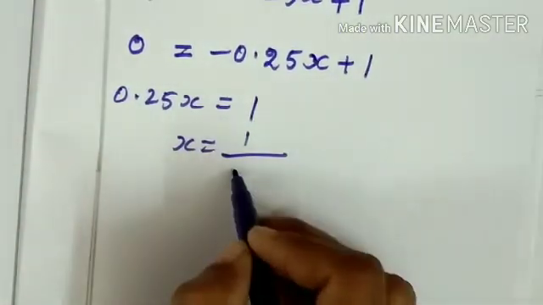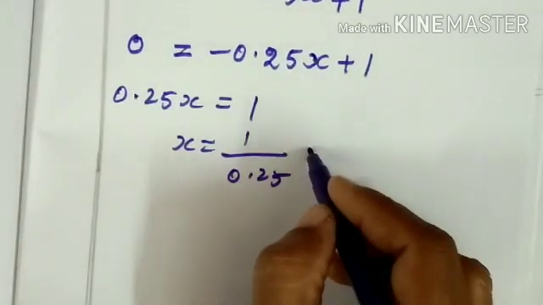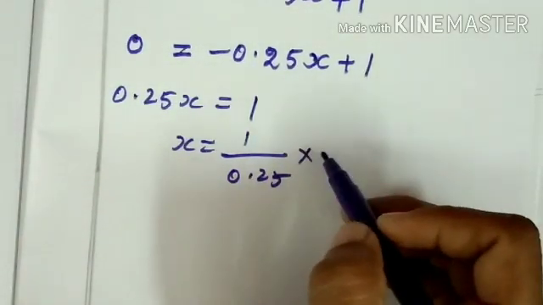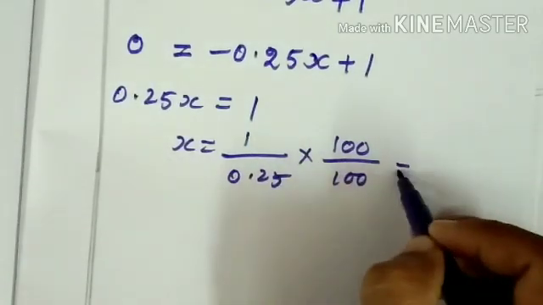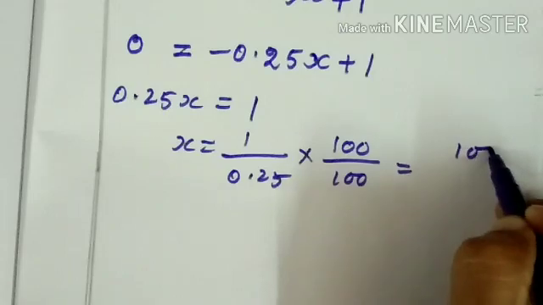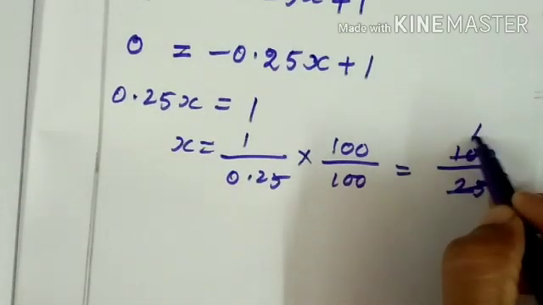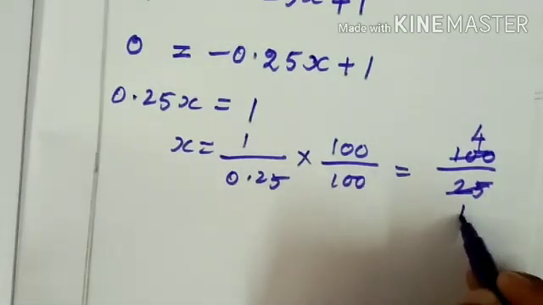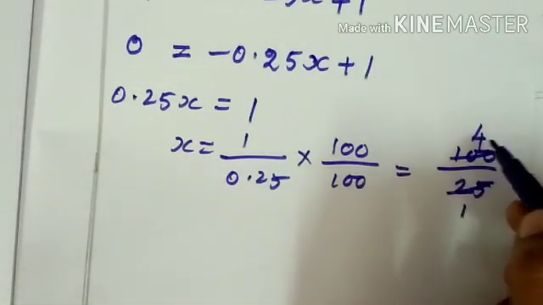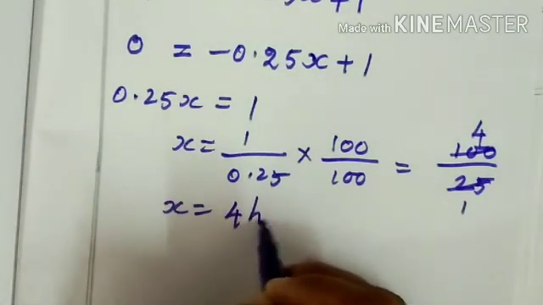x is equal to 1 by 0.25. Removing this decimal, multiply both numerator and denominator by 100, then we get 100 by 25. Cancelling this by 25 table, 1 25 is 25, 4 25s are 100, therefore x is equal to 4 hours.